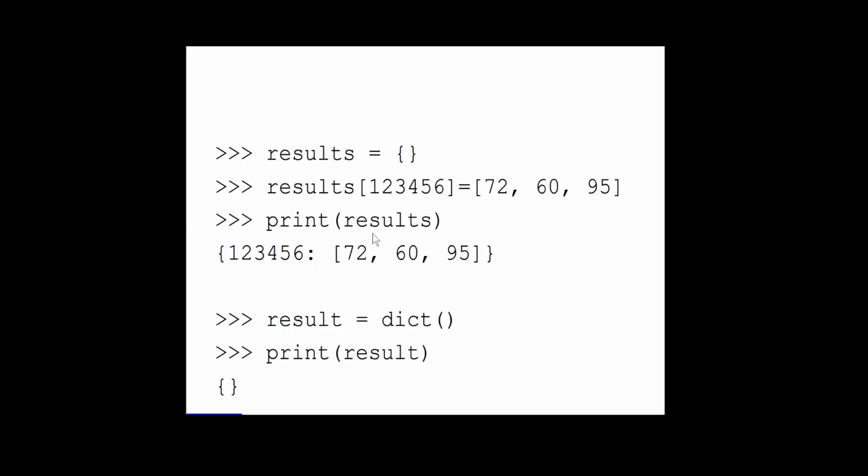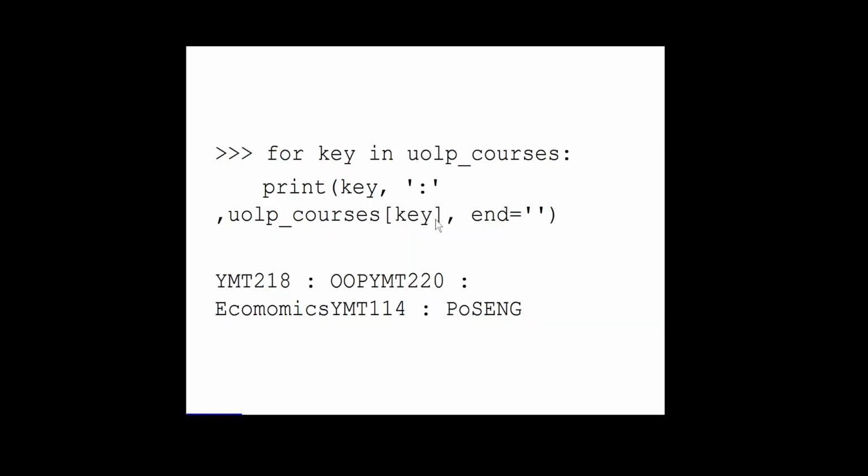So this is possible. Let's say I want to create it another way, not by typing these braces. I would like to create the result dictionary, or any other dictionary, by using dict as a built-in function. That's possible. You'll just get an empty dictionary. You can add things to it, similar to what we did earlier.